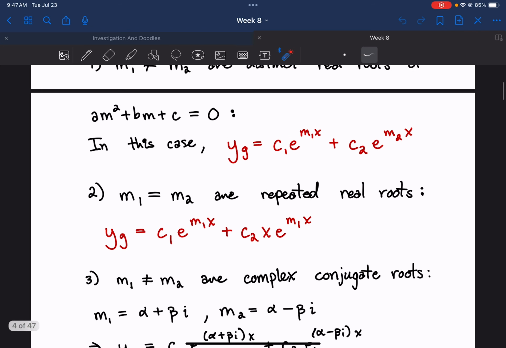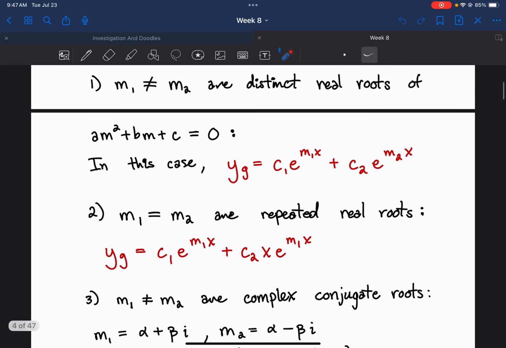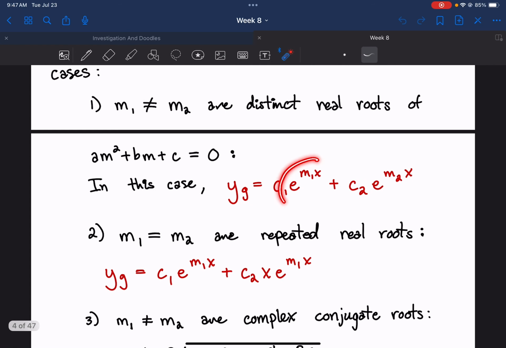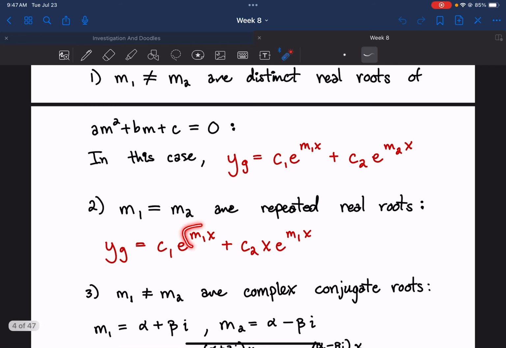Because remember, the whole thing last section was, in order to find the general solution, you need a linearly independent set, a fundamental set of solutions. In the distinct case, e^(m1 x) and e^(m2 x) are both solutions, and together they span the space of all the solutions. Down here, m1 and m1 span the same space, so to make them linearly independent, we add an x in front of one of the e's. Adding this x makes these two linearly independent.